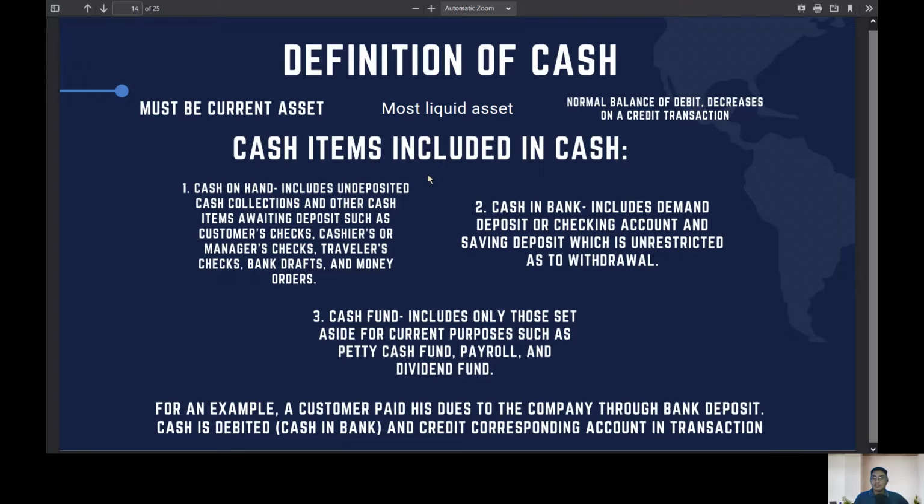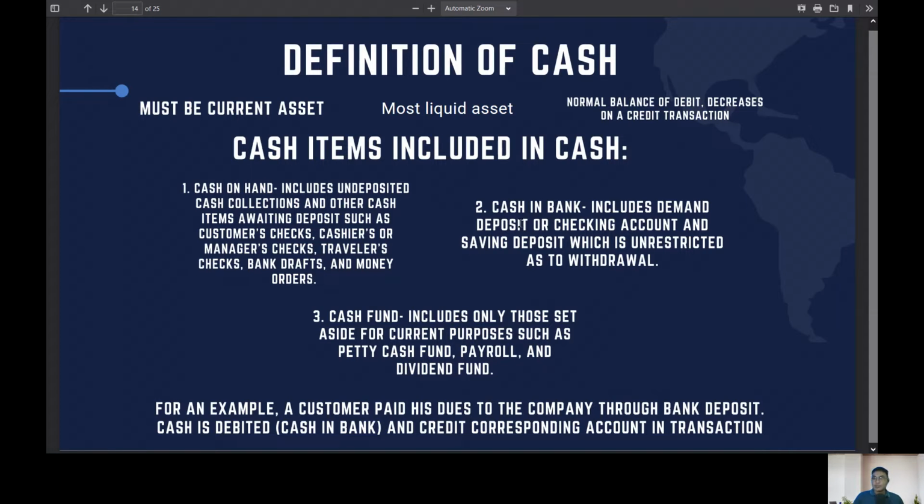You can categorize cash in three: the cash on hand, cash in bank, and the cash fund. Cash on hand includes undeposited cash collections and other cash items awaiting deposit, such as customer's checks, cashier's or manager's checks, traveler's checks, bank drafts, and money orders.